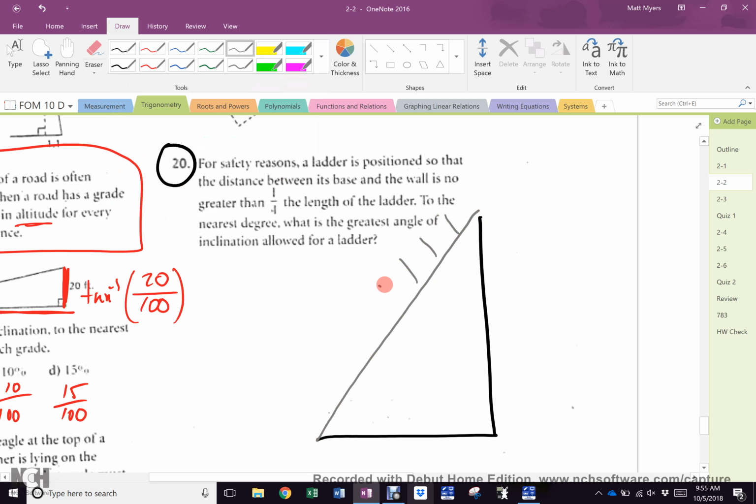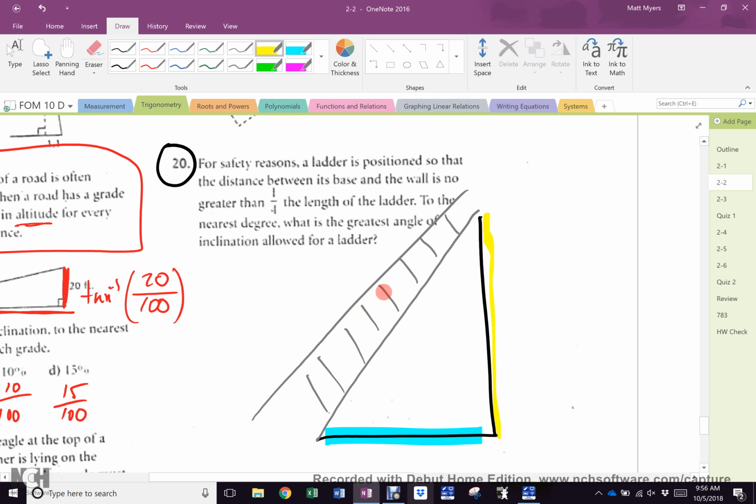Reading the question, the distance between the base and the wall, is that blue or yellow? Blue. So this distance is no greater than 1/4 the length of the ladder.